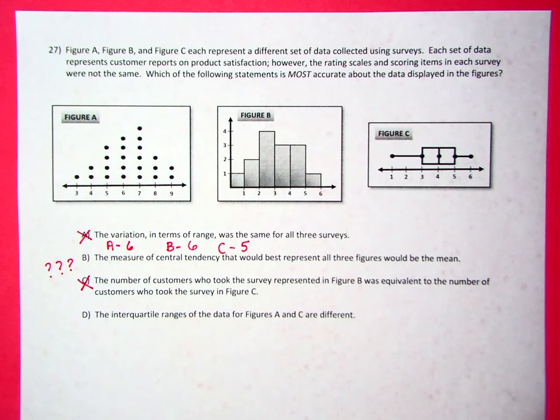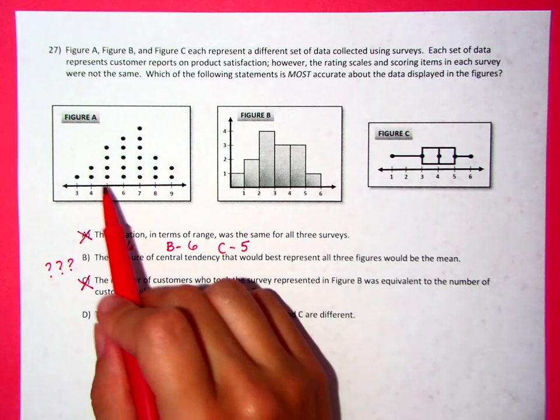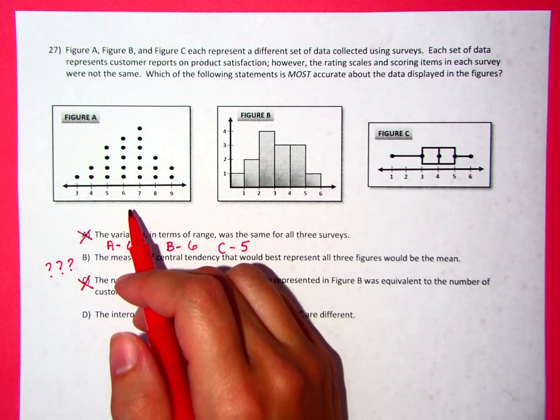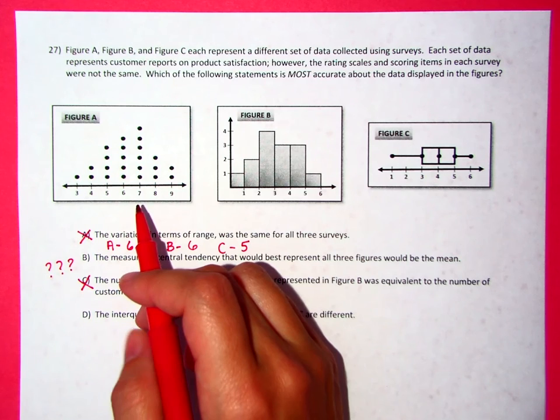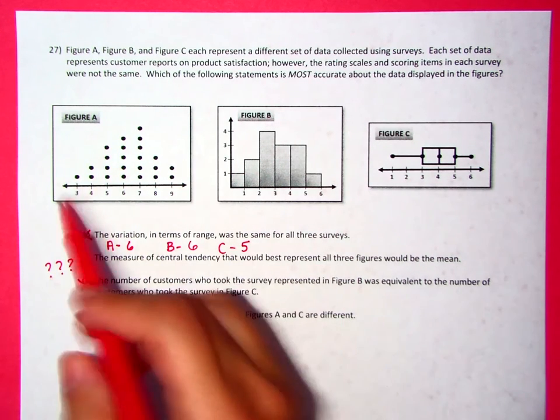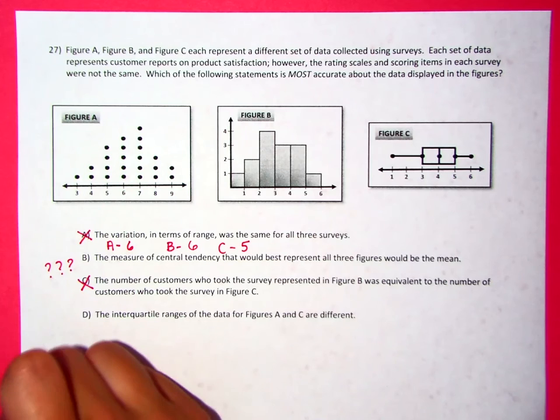On D, it says the interquartile ranges for figures A and C are different. Well, if we're going to do interquartile range, we've actually got to compute that to see if they're different. Starting with this figure A, the idea of the interquartile range is the third quartile minus the first quartile. So it depends on which way you want to go. There's not too many dots, so you could take that stream of numbers and do this.